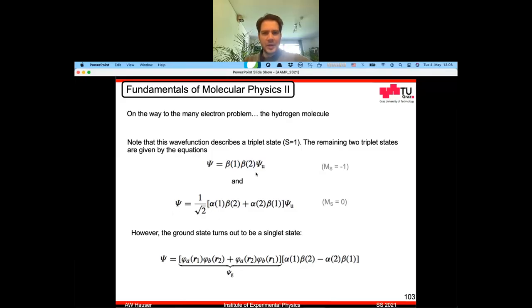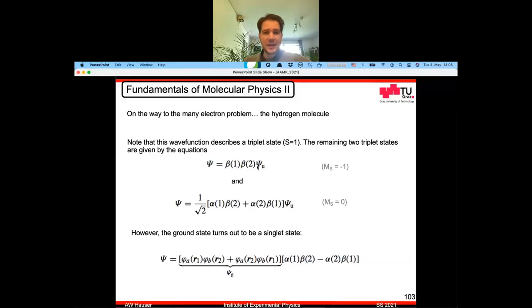We had the situation of both electrons with spin up, giving us s equal 1. We can also have both electrons spin down, right? So then our total wave function, which has to be an antisymmetric wave function, will be again a symmetric function in spin, but now with both electrons in spin down positions, multiplied by our antisymmetric spatial part of the wave function.